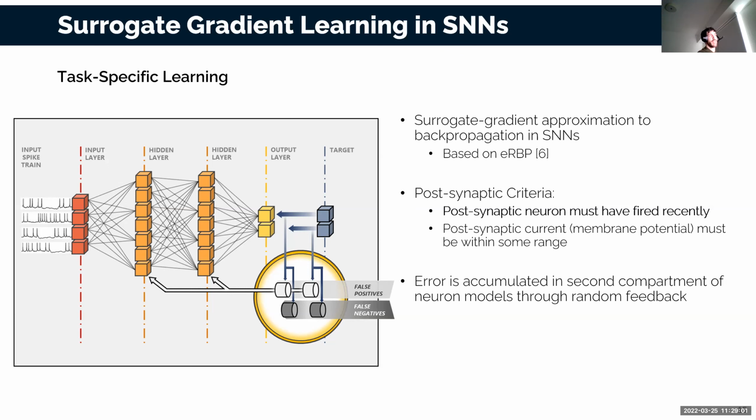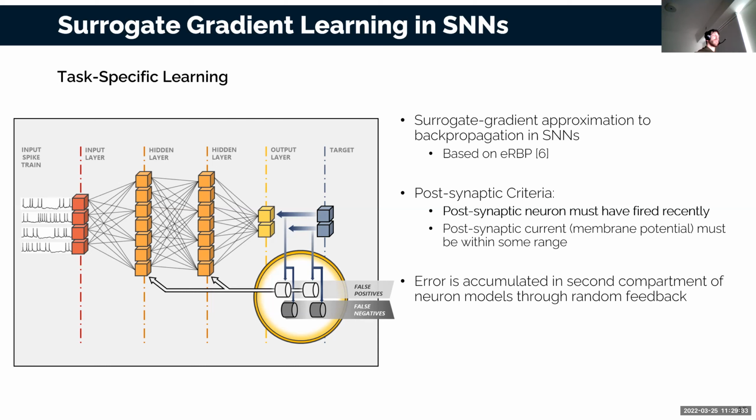And their learning rule became very simple, and I'm probably not going to spend too much time discussing the next few slides, so I'll try to just sum it up. Essentially, if a presynaptic neuron has fired, and the postsynaptic current is within some range, then you can update that specific weight.